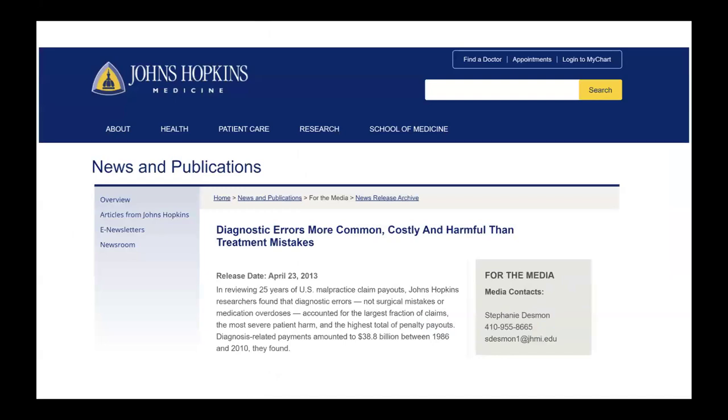About 13 years after that publication, Johns Hopkins released a paper based on a study they had done.